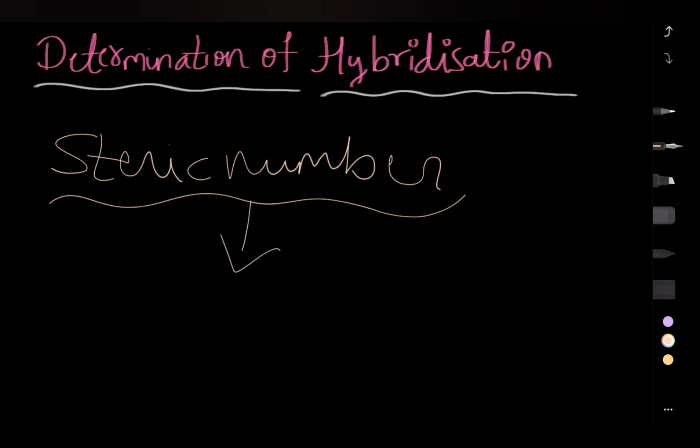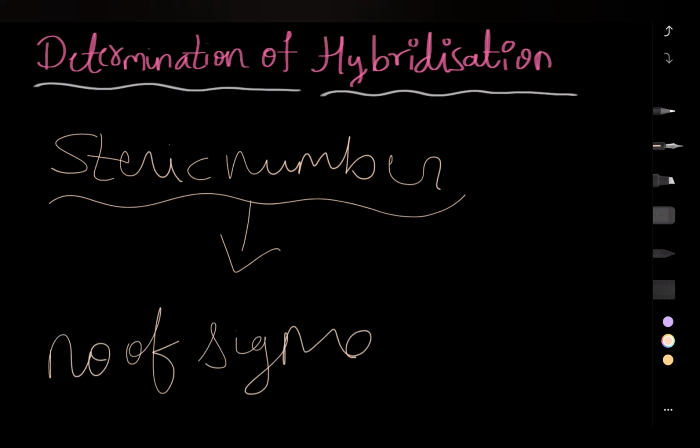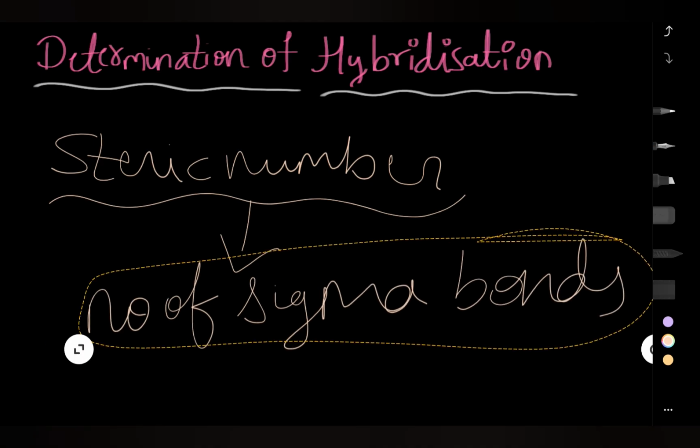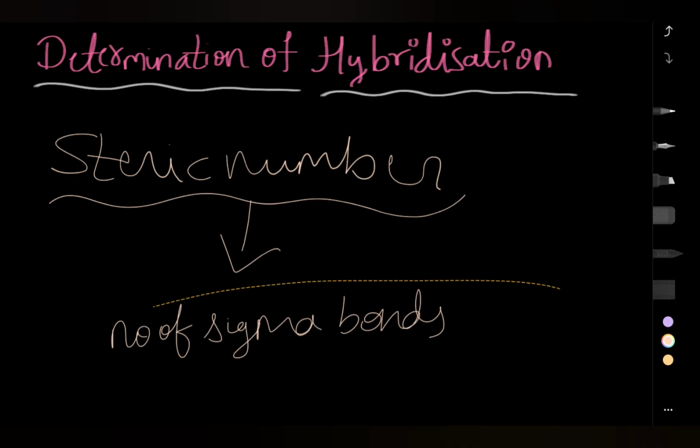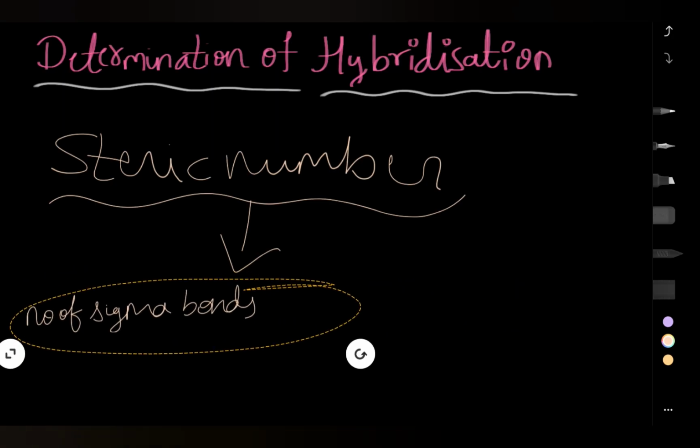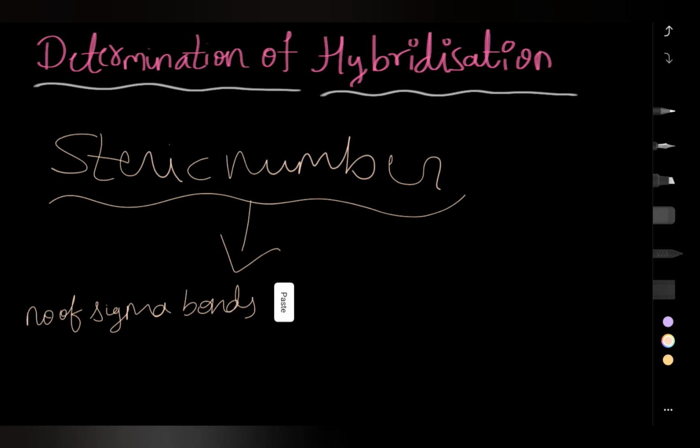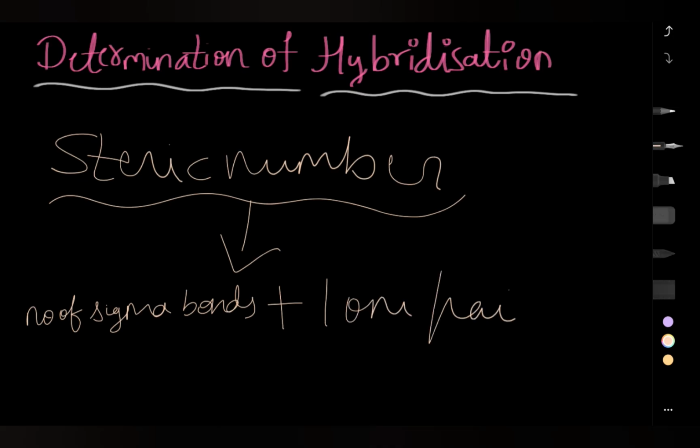We get it by the addition of the number of sigma bonds plus the number of lone pairs.